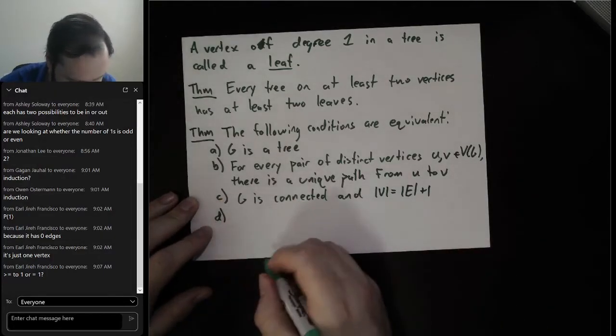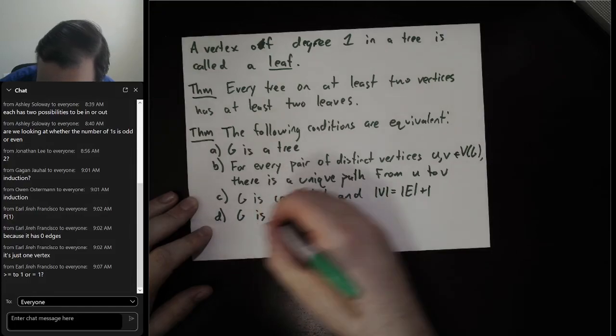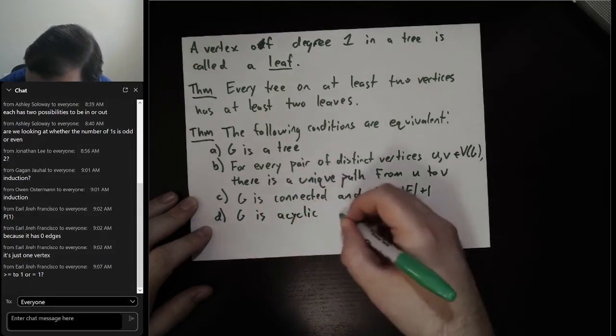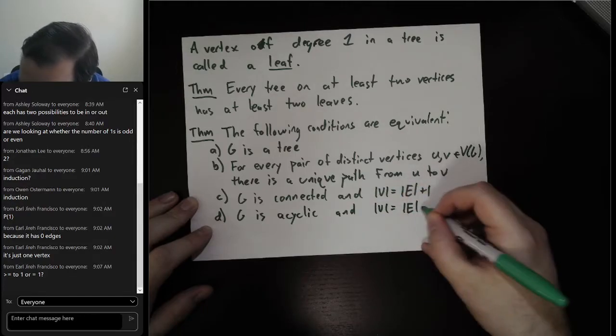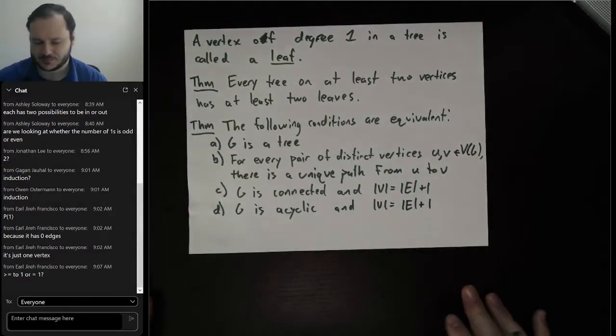And D, G is acyclic and the number of vertices is equal to the number of edges plus 1.